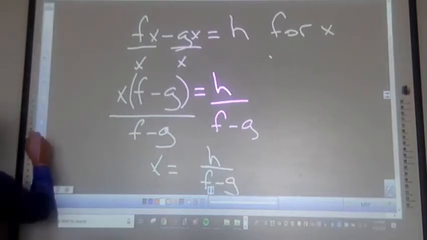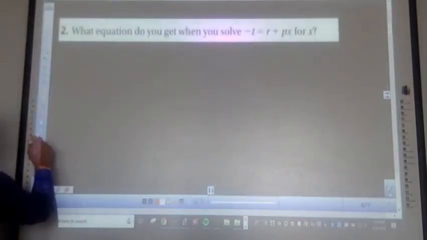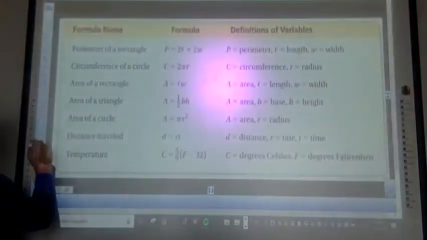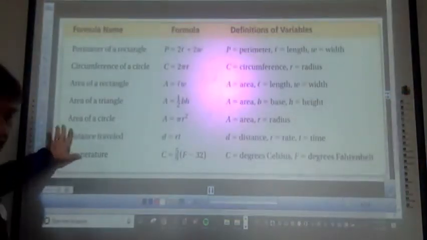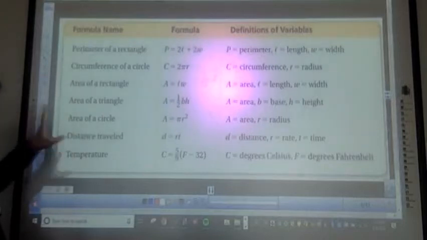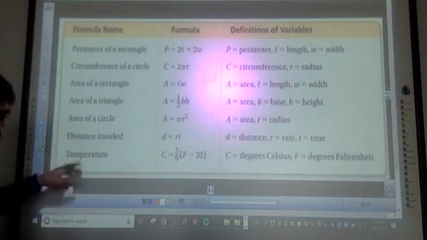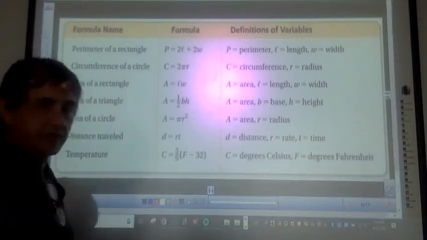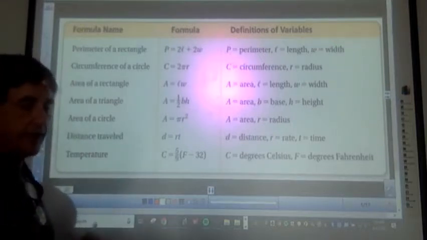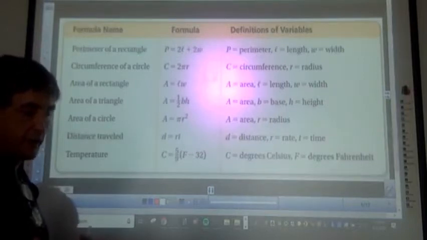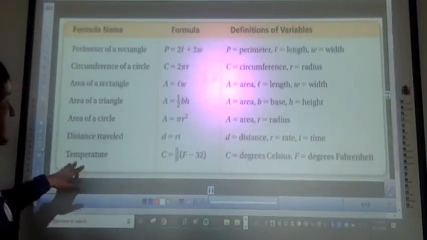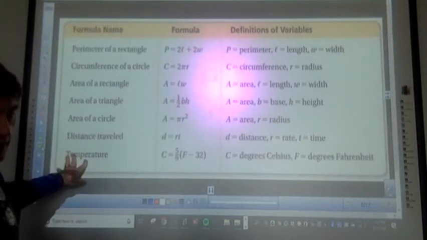Okay, so don't write all these down. If I want you to use one of these formulas, I'm going to tell you what the formula is. You will have to memorize formulas next year when you take geometry, and I'll definitely make you memorize some formulas, but this just gives you a general sense of the formulas.